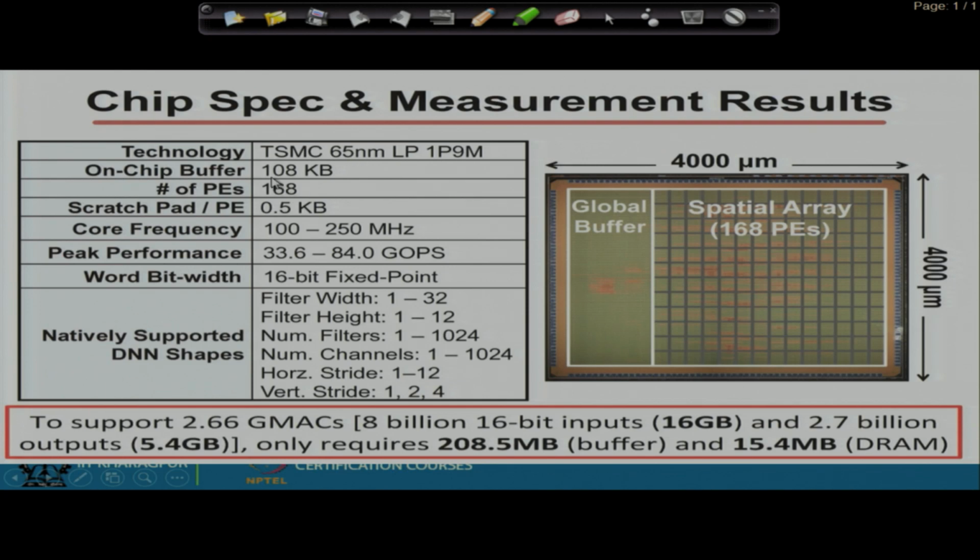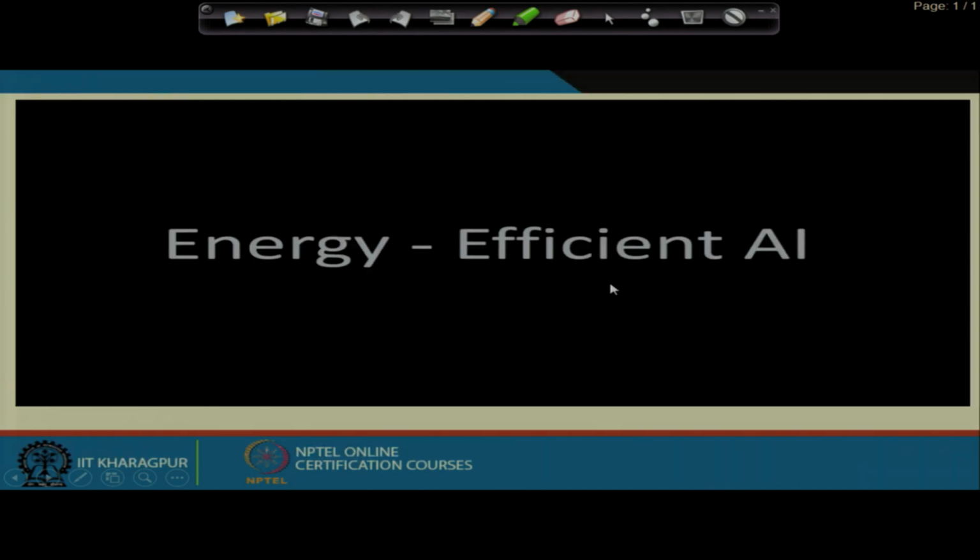The on-chip buffer is 108 KB, the number of processing elements is 168, the processing element memory is 0.5 KB each, and the core frequency is 100 to 250 megahertz. The peak performance is 33.6 to 84 giga operations per second. This is an IC developed by a research group at MIT.